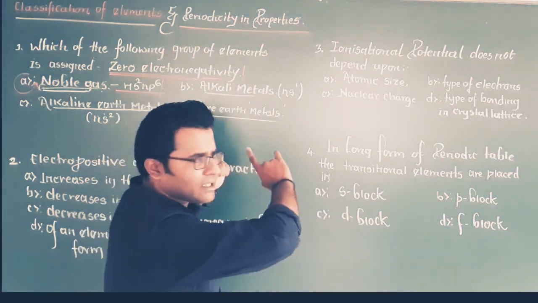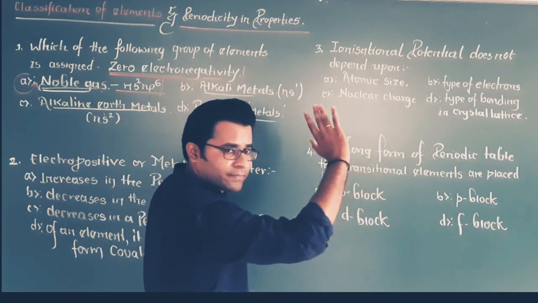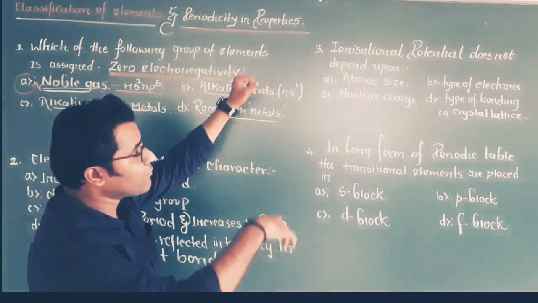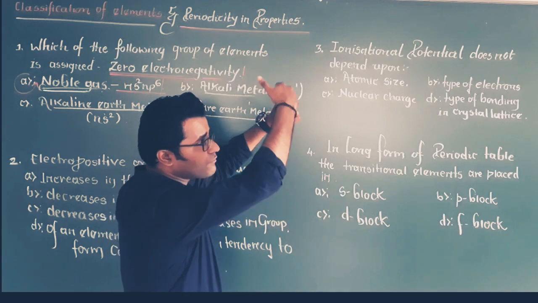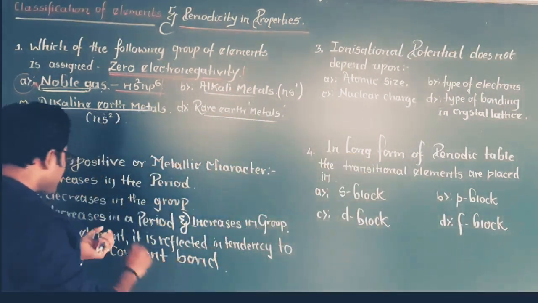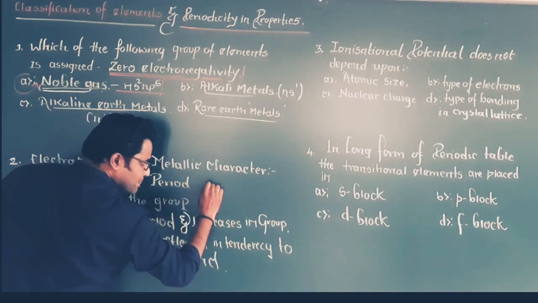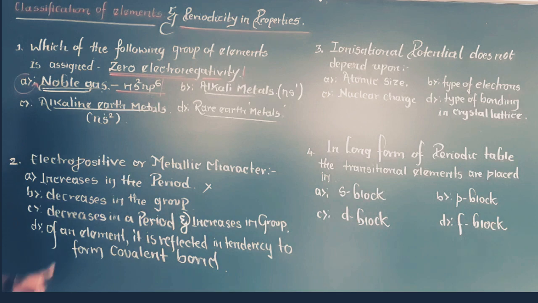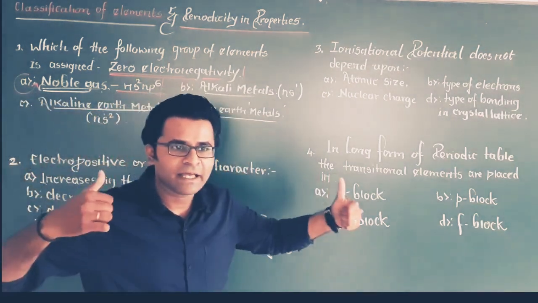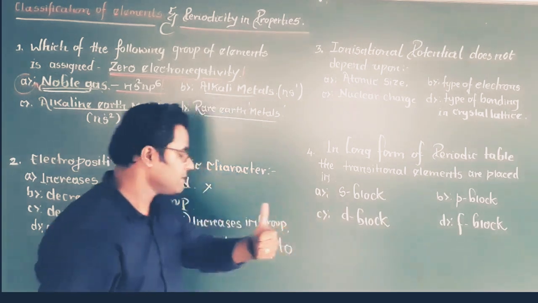So metallic character is going to decrease as we go from left to right, and it is going to increase as we travel from top to bottom. Taking that into consideration, let us see. Increases in a period? No. Metallic character decreases as we travel from left to right in a particular period, so we cannot accept that.